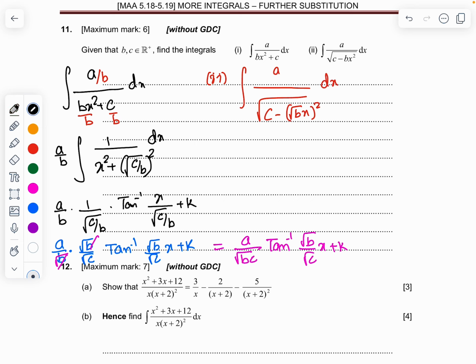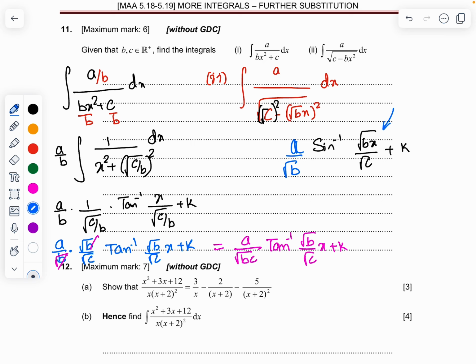So what I will be doing, it is sine inverse square root of bx upon, this is also root c whole square, upon root c plus some other constant k. But instead of x, it is root bx, so 1 upon root b, and a is already waiting outside, so a upon root b. So that should be the way of doing the sum.